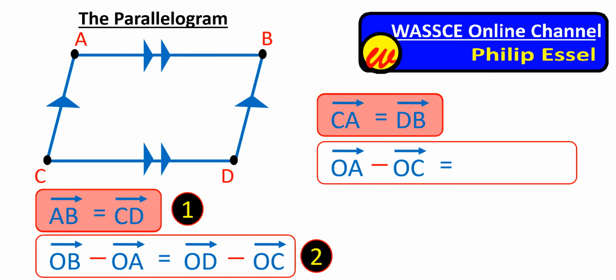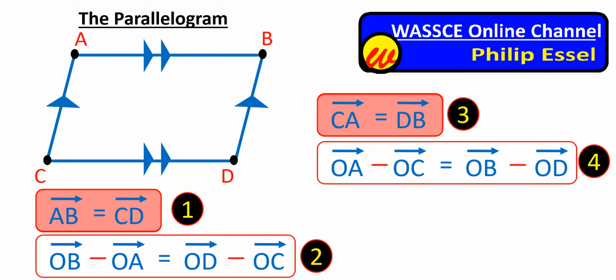Also, when we resolve the vector DB into its component position vectors, we would get the vector OB minus the vector OD. In this case too, I'll need us to remember that the vector expressions 3 and 4 are the same. One is an expanded form of the other.